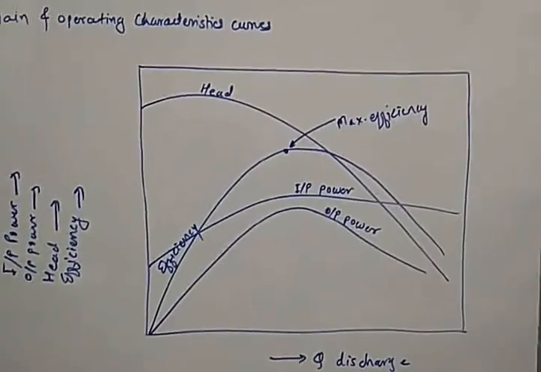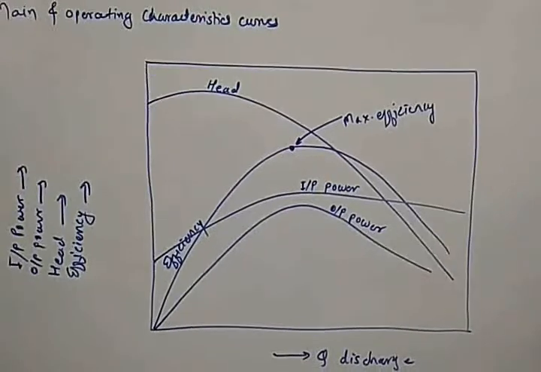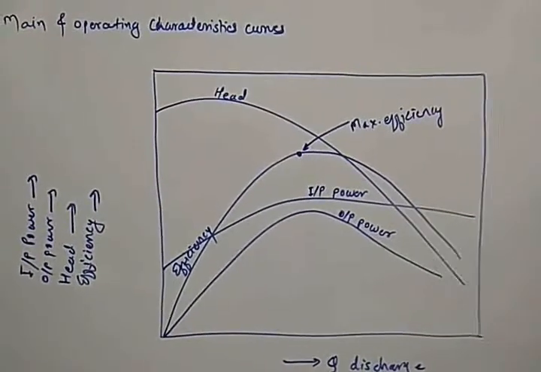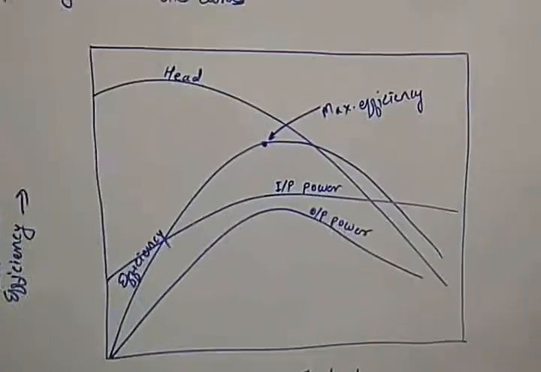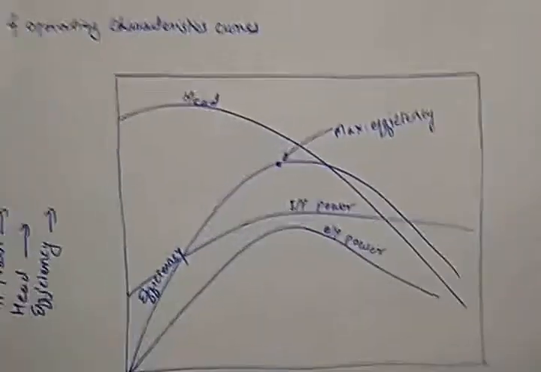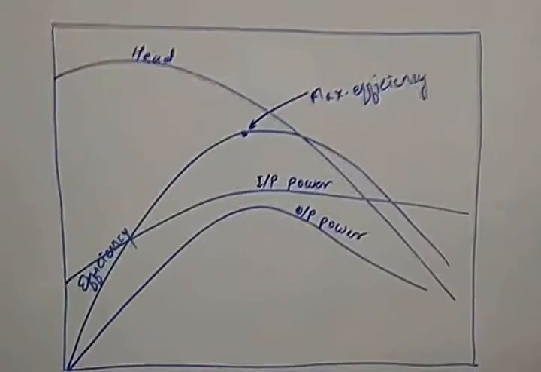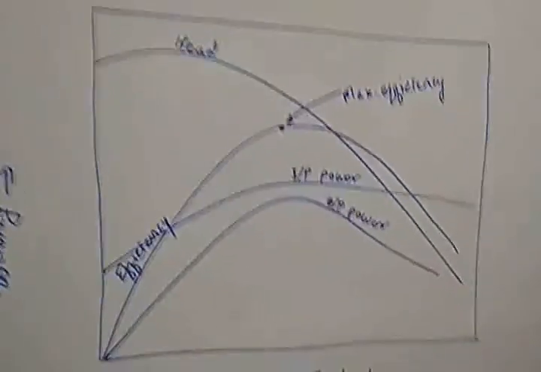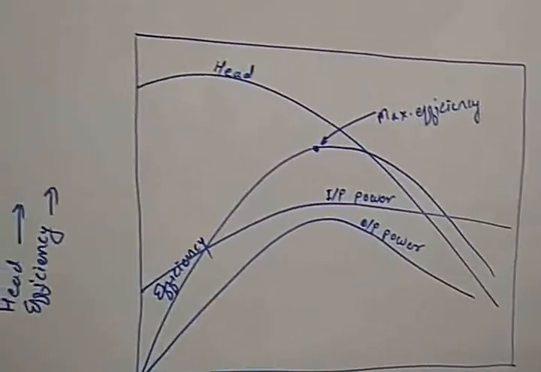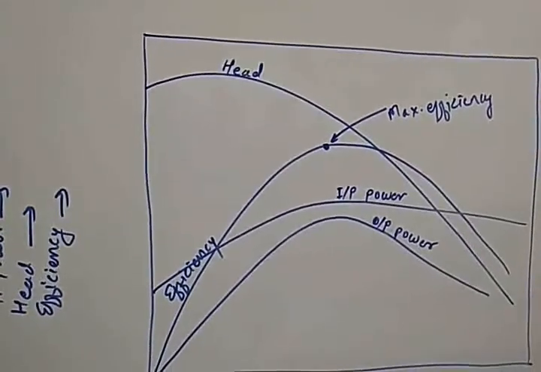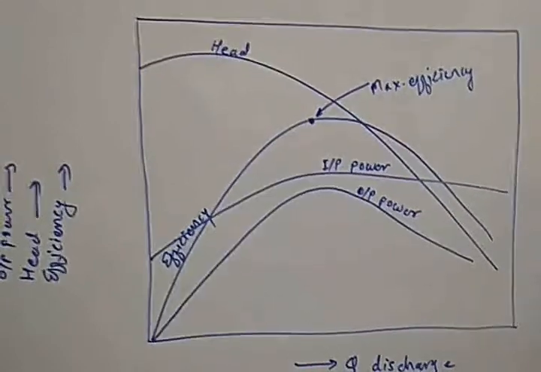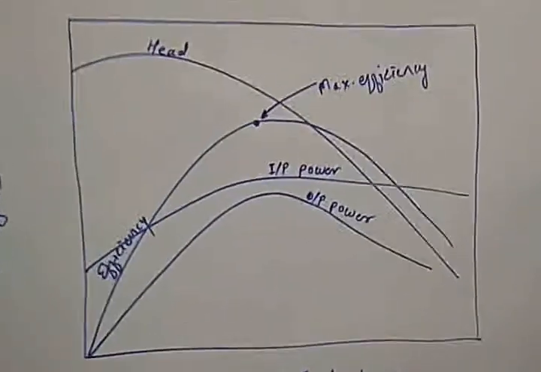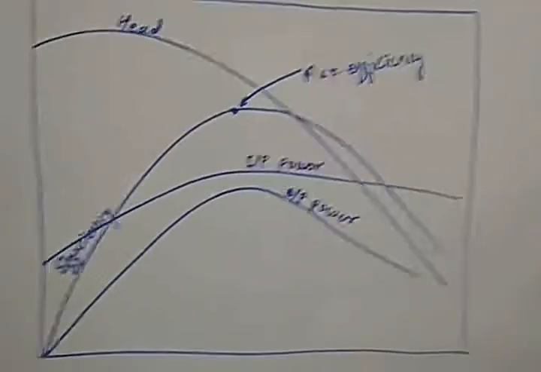It is drawn at the design speed, and generally these characteristics are used in the operation of the pump, and hence it is known as the operating characteristics as well.